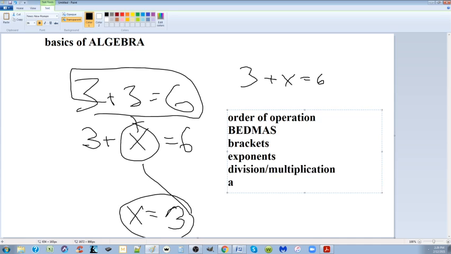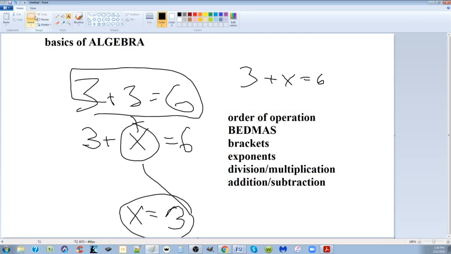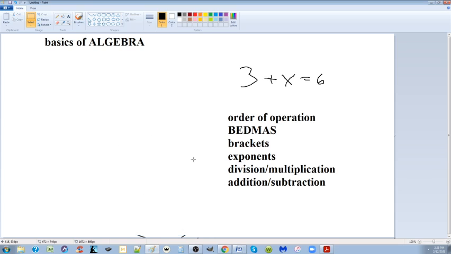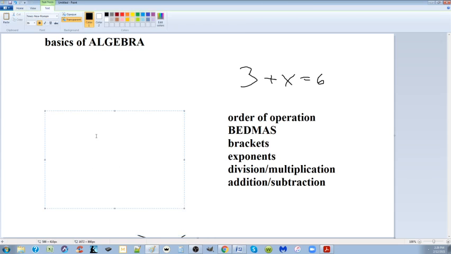And finally, you're doing addition and subtraction. Well, when you unravel an equation from algebra, you actually do the reverse. And it's okay if you don't want to, this is how I teach people to remember it, but you don't have to do it this way. But just to let you know, it's sort of the reverse.